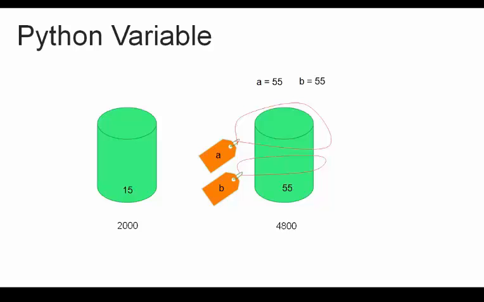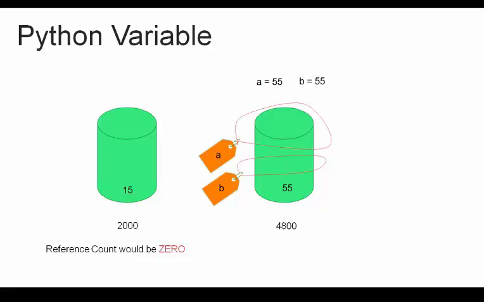It is based on the reference count. So what is a reference count? A reference count is the number of times that particular memory slot is being referenced. In the case of 4800, the reference count is 2. In the case of 2000, the reference count would be 0.